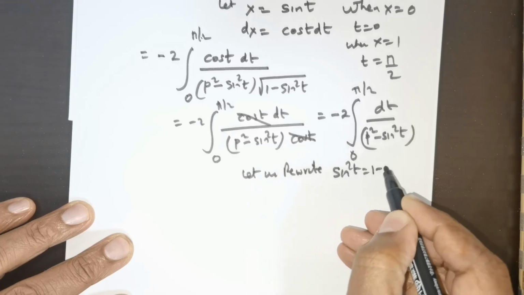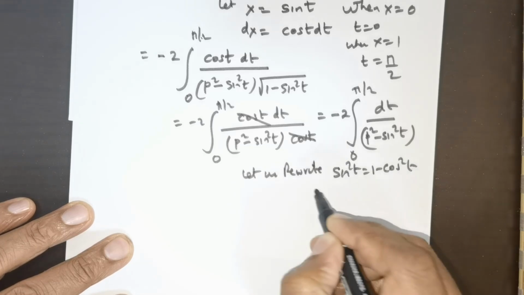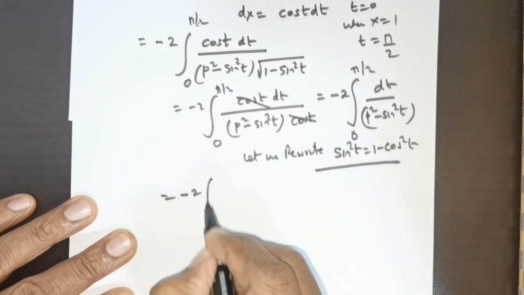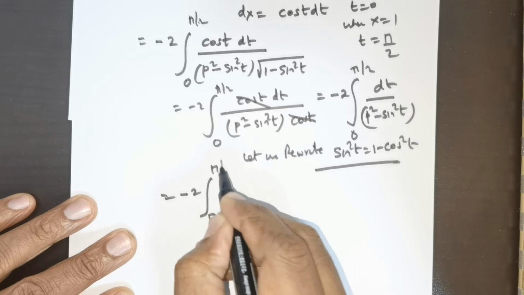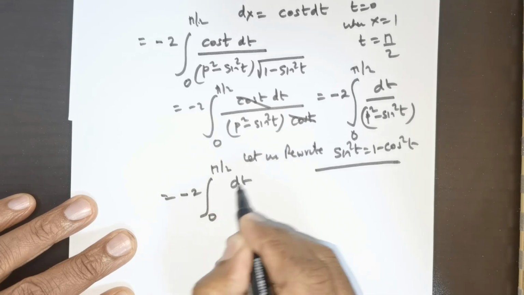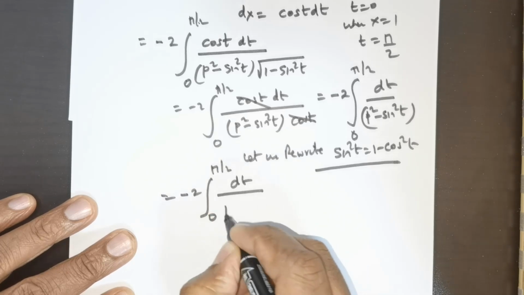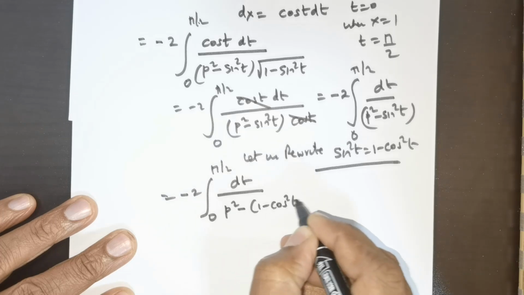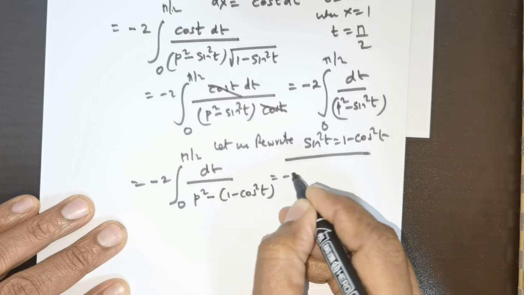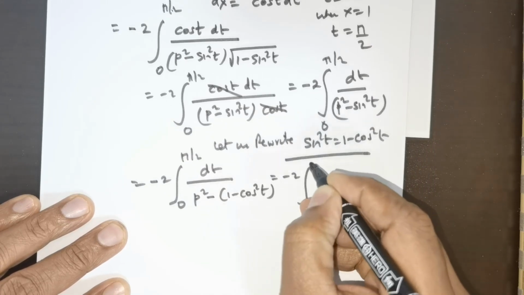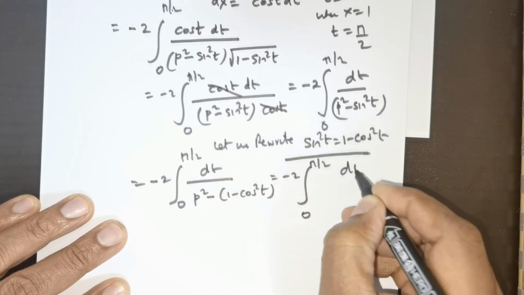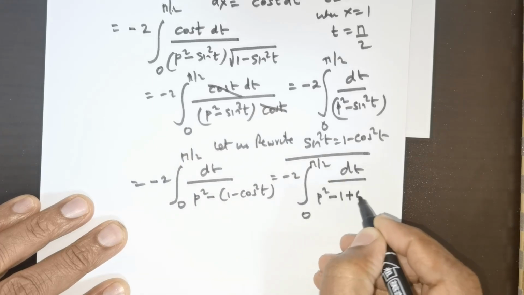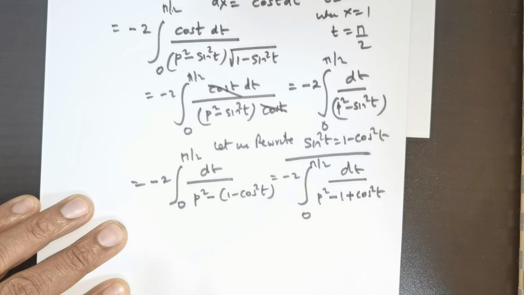Okay, so now let us rewrite sine squared t with the identity in terms of cos squared t. So this is going to be equal to negative 2 times the integral from 0 to pi over 2 of dt divided by p squared minus (1 minus cos squared t), which is equal to negative 2 times the integral from 0 to pi over 2 of dt over p squared minus 1 plus cos squared t.